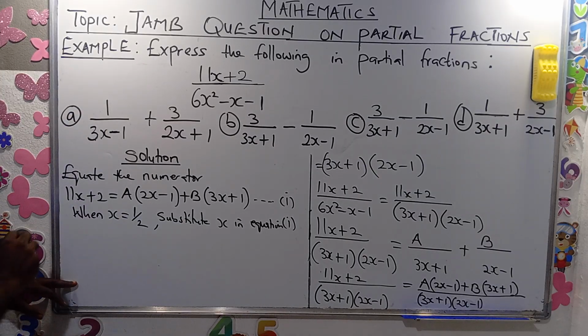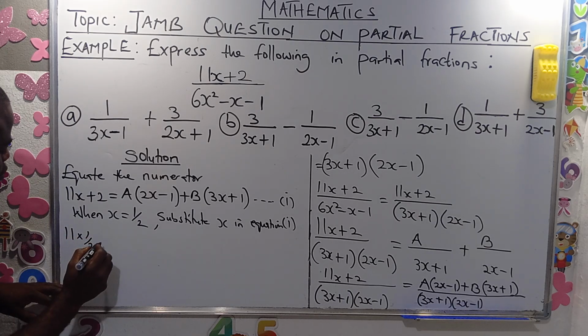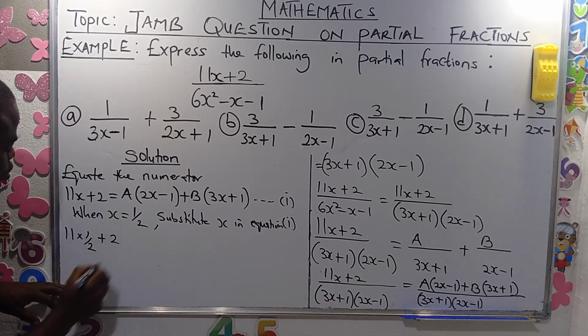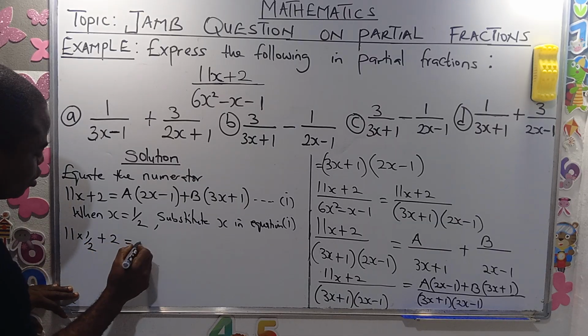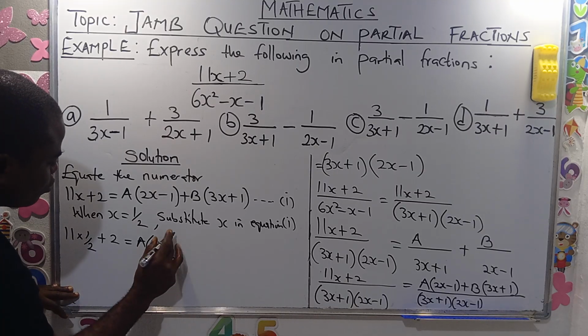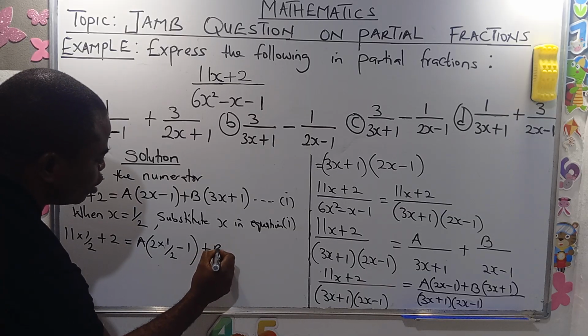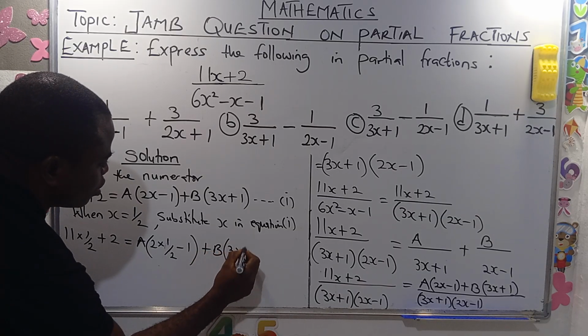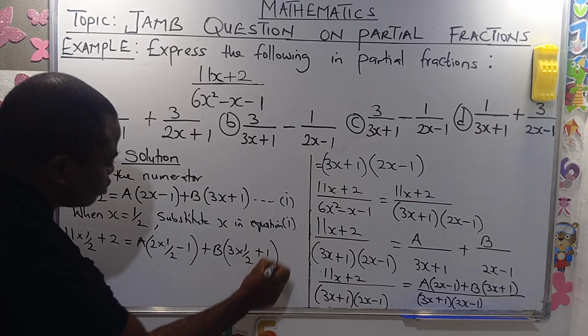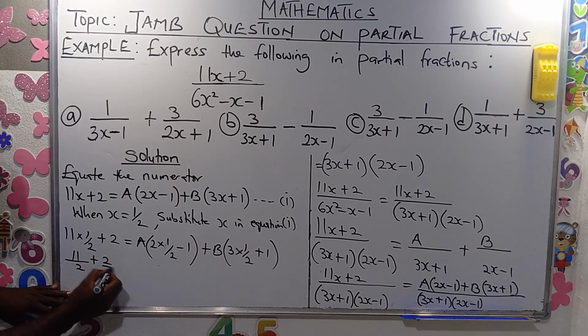Okay. When you do your substitution, you're having 11 times half plus 2 equals A, 2 times half minus 1, plus B, 3 times 1 over 2 plus 1. 11 times 1, that's 11 over 2, plus 2 over 1.